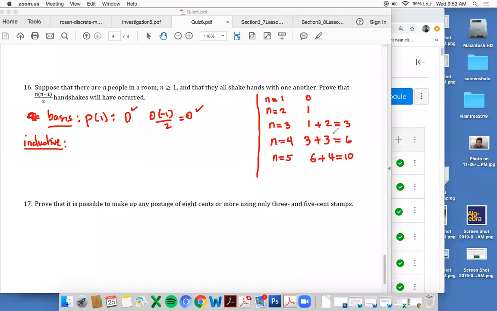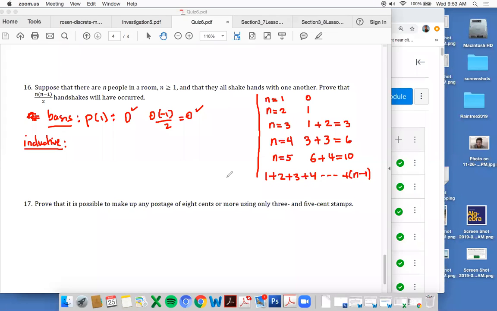You can see that it's adding up. We're getting 1 plus 2 plus 3 plus 4, and so on. So for each person coming in, you're adding n minus 1, how many people were in the room previously.